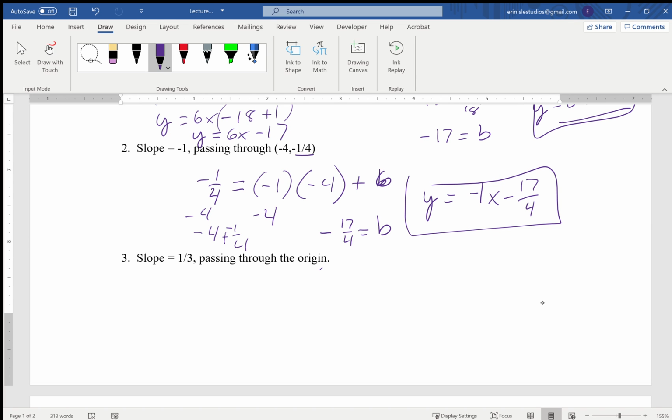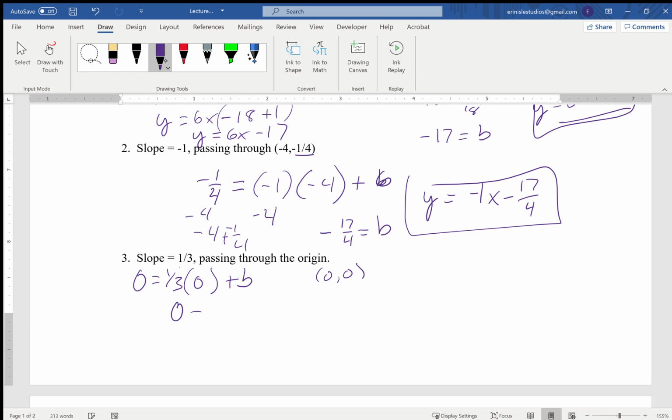Alright, the origin means that the point 0, 0 is on my line. So I have a slope of 1/3. X is 0 plus b. And apologies, that is 0 also. The y value is a 0. So the 1/3 times 0 is 0.